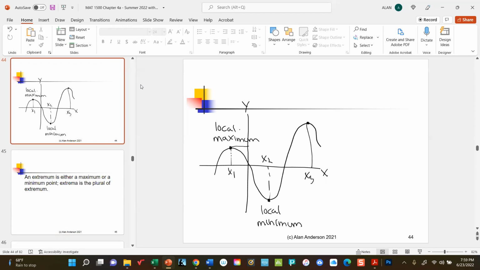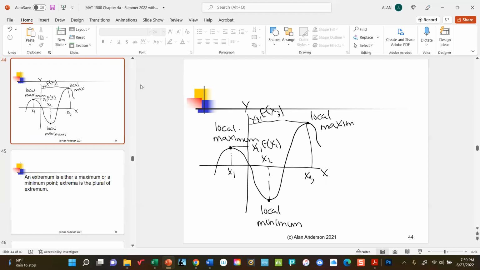This is x1 comma f of x1. This is x3 comma f of x3. So even though f of x3 is greater than f of x1, this one on the left here is still considered to be a local maximum, because again, within that region, there are no other points at which the function is greater. So we have two, in this case, local maxima.